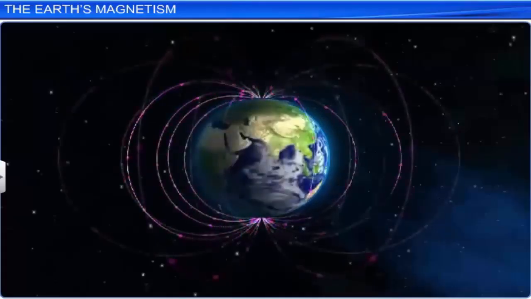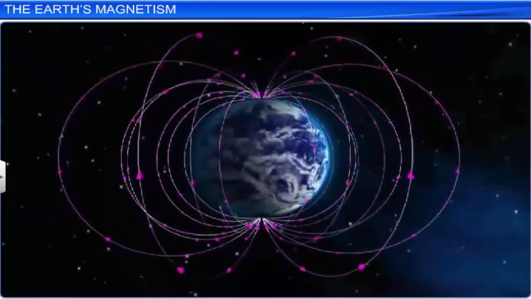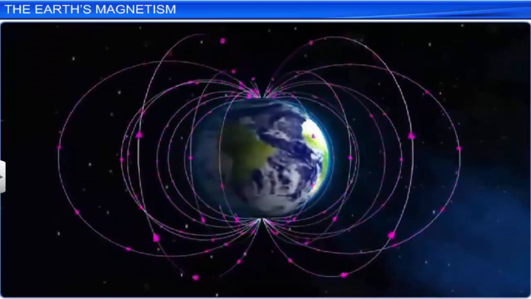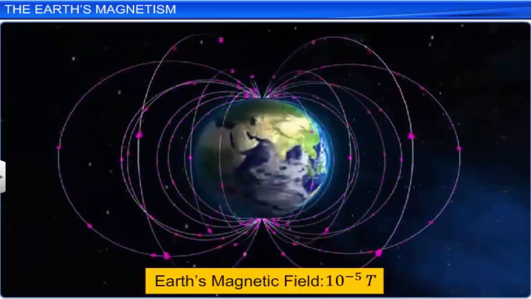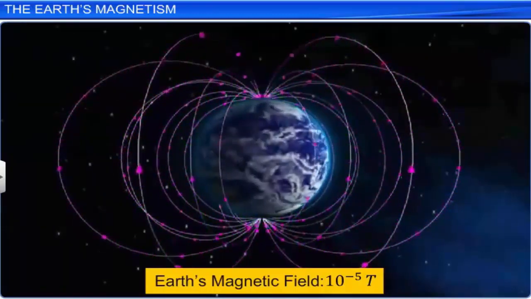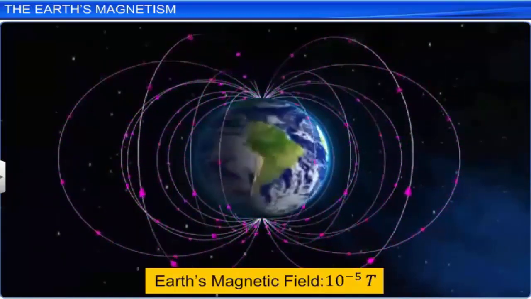The Earth is a natural source of magnetism. The strength of the Earth's magnetic field varies from place to place on the surface of the Earth. The magnitude of the Earth's magnetic field strength is of the order 10⁻⁵ Tesla. The actual cause of the Earth's magnetic field is not yet known.